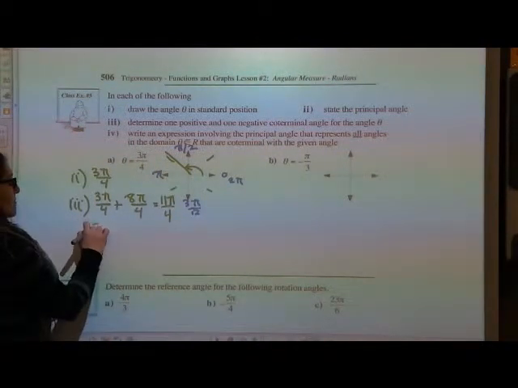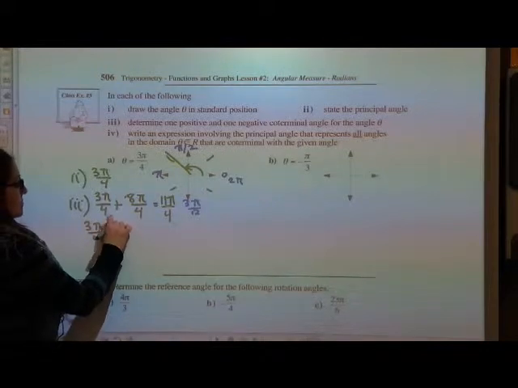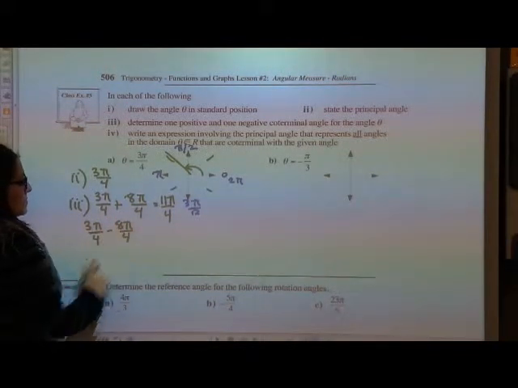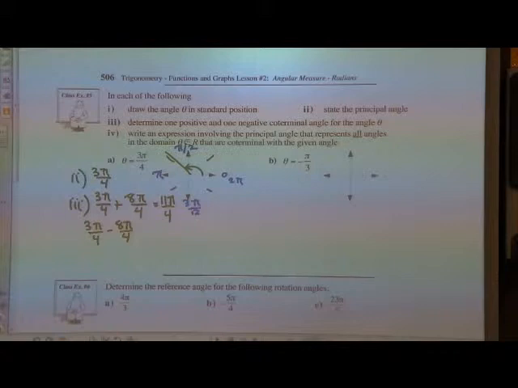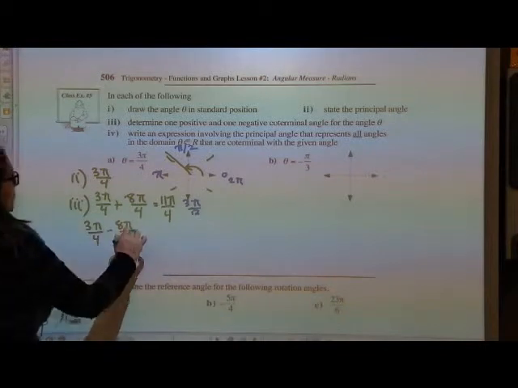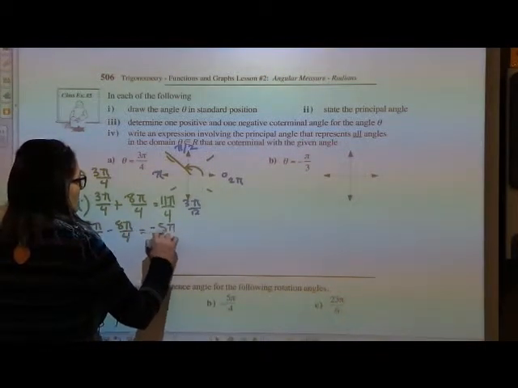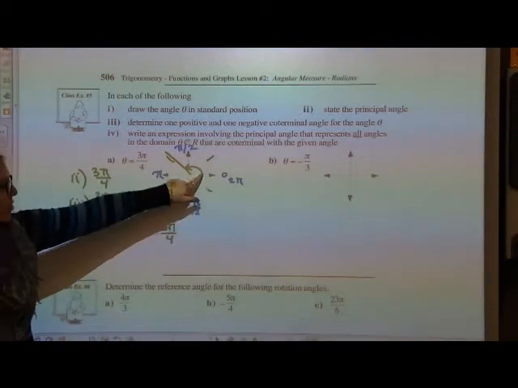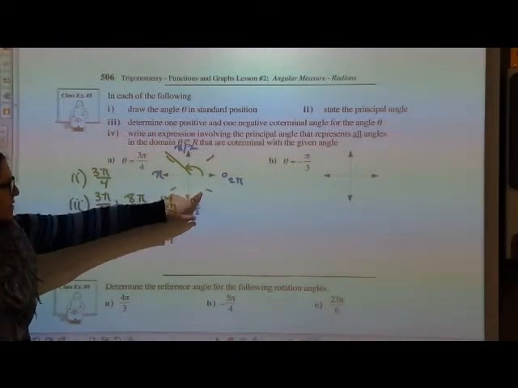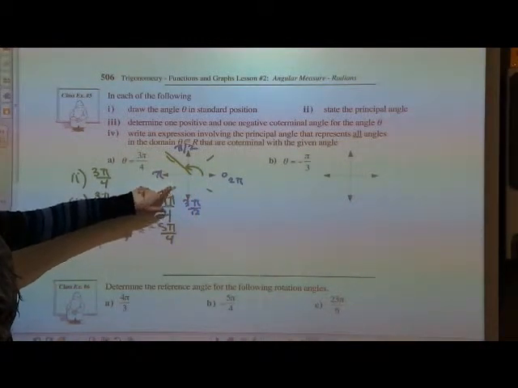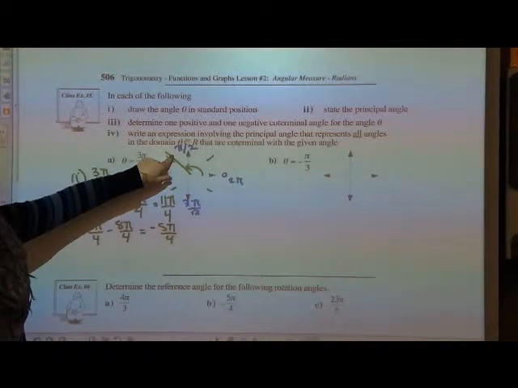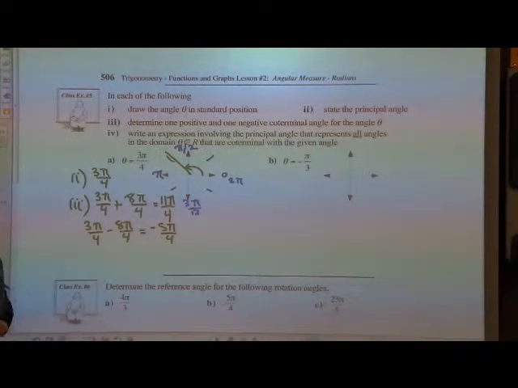Or I could subtract. 3 pi over 4 minus 8 pi over 4, what would I get? Negative 5 pi over 4, which I could also count going this way: negative 1, negative 2, negative 3, negative 4, negative 5.